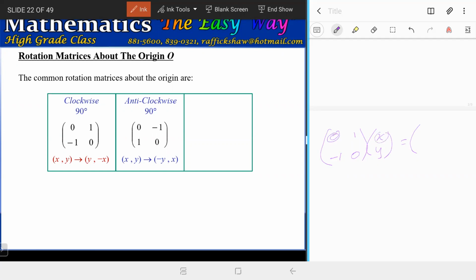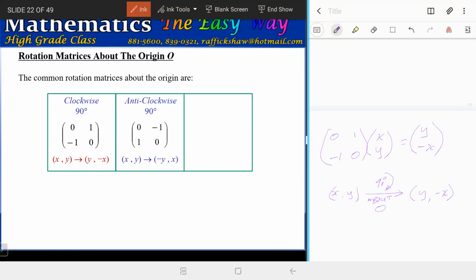It will be 0 times x and 1 times y, so I am getting y right here. Then it will be negative 1 times x and 0 times y, that's negative x. That means a point (x, y) under a 90 degrees clockwise rotation about the origin, O, will go to (y, -x).